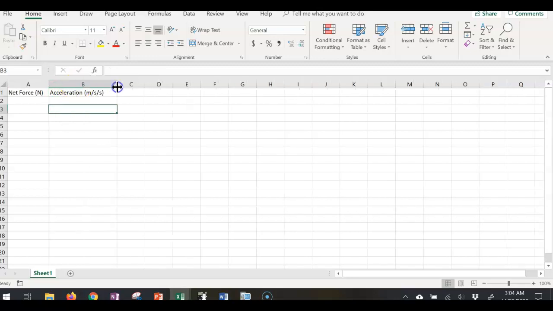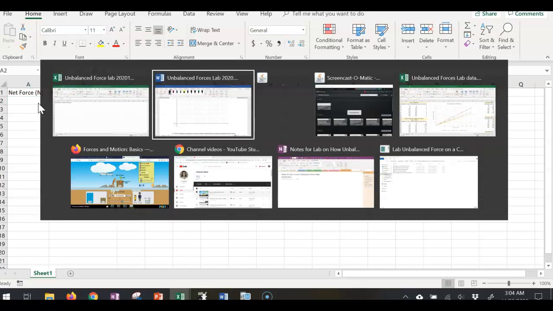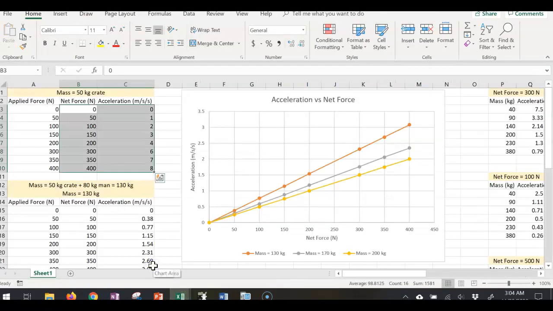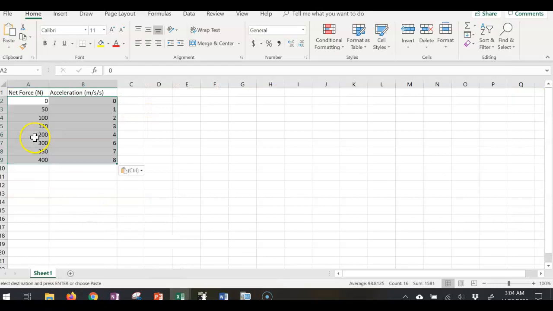Okay, so I have my columns labeled. I'm going to type in the data. Okay, so I've got my data here, and so now I want to graph this.